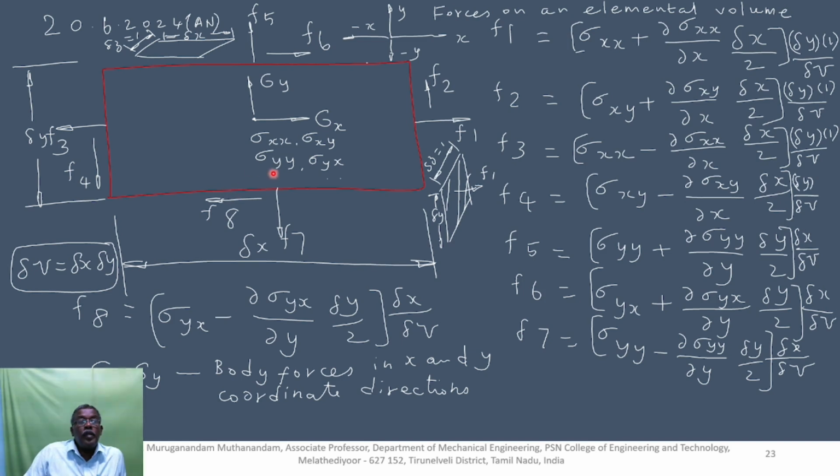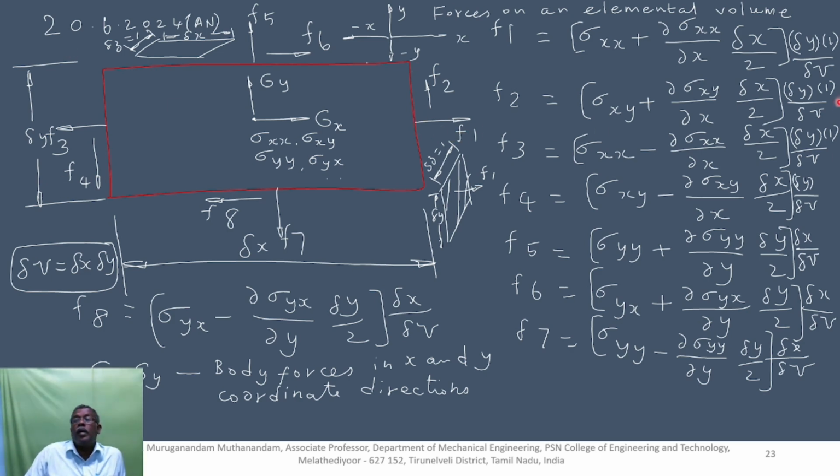What is the distance between this point, which is at the center of the control volume, and the east face of the control volume? Delta x by 2, because the total length of the control volume along the horizontal direction is delta x. This indicates the stress acting on the east face of the control volume. How do we find the force? We have to multiply by the area of the surface perpendicular to the stress component.